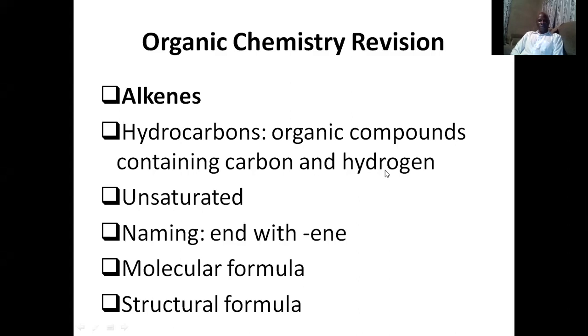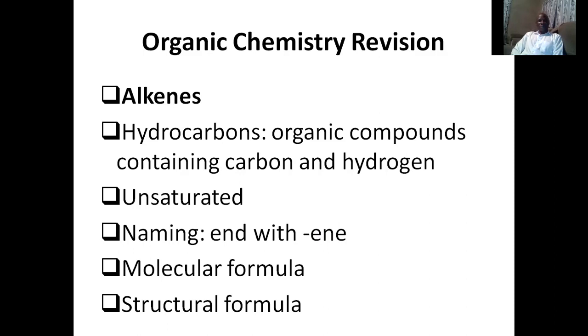They are also unsaturated because they are able to take on more hydrogen atoms because of the nature of having double bonds, as we will see in detail in the coming slide. They can be named by ending them with ENE. So when naming them, they end with the ENE.